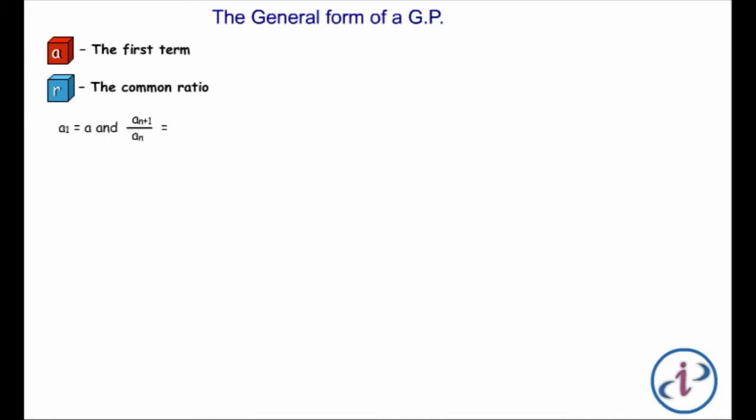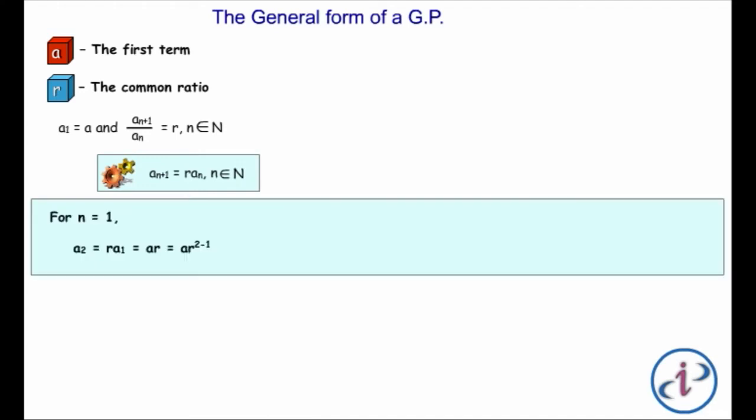The general form of a geometric progression. Consider that A is the first term and r is the common ratio of a geometric sequence. So, A1 is equal to A and An+1 by An is equal to r for n belongs to natural numbers. Thus, An+1 is equal to r times An. For n equal to 1, A2 is equal to r times A1.